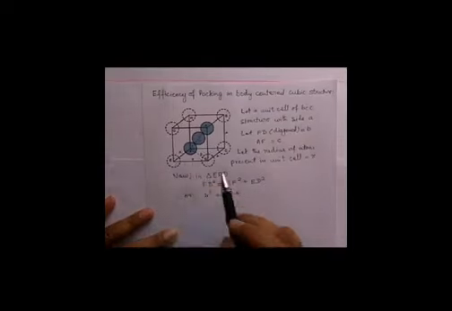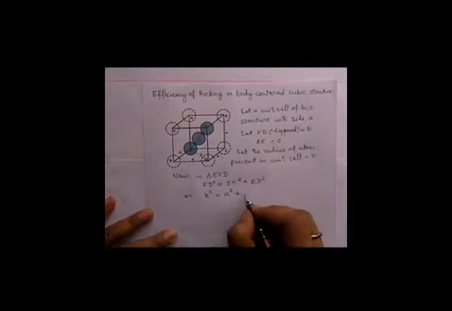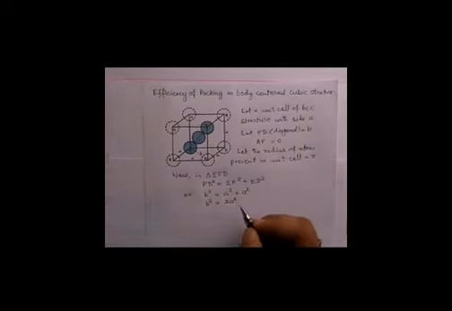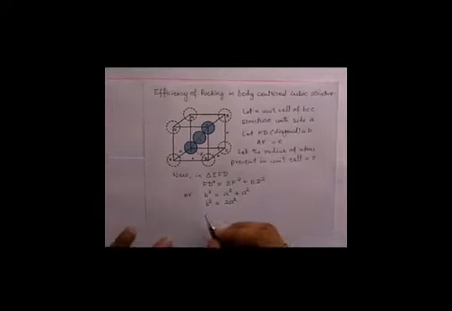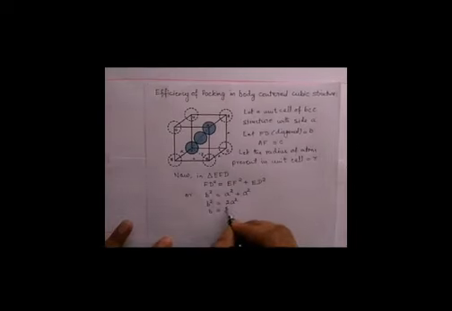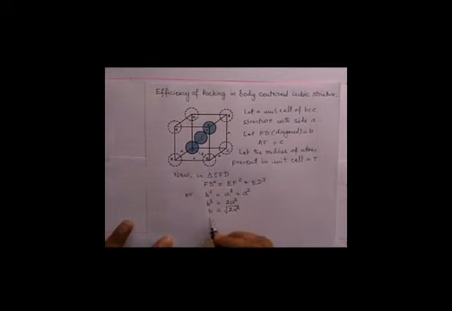ED is also equal to A, so it will be A square. So B is equal to root 2 A square, and this comes out to be A root 2.